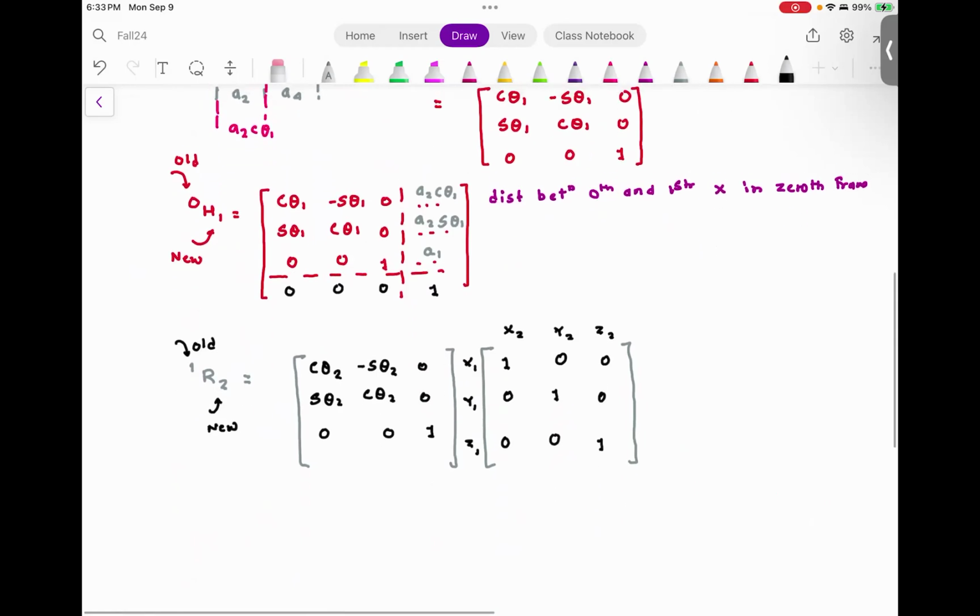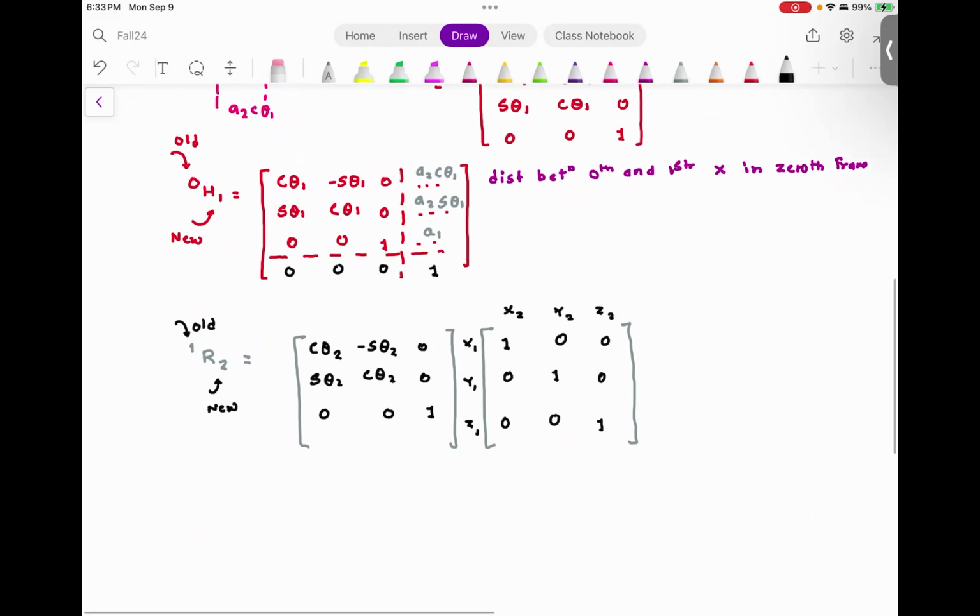Now I need to populate my homogeneous transformation. Once again, in homogeneous transformation, I'm relating first to second. So it will be 1H2. Do you agree with me? Yes. And I'm going to copy the rotation transformation. Please note, this is an identity matrix, so no need to multiply. This matrix is going to remain the same, so I would just copy this matrix down.